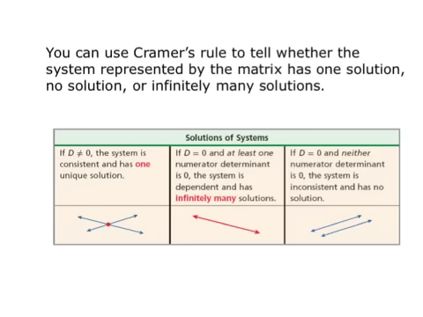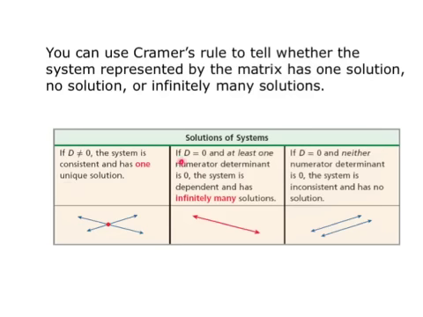You can use Cramer's rule to tell whether the system represented by the matrix has one solution, no solution, or infinitely many solutions. This is Cramer's rule. If your determinant is not equal to 0, your system is consistent and has one unique solution.